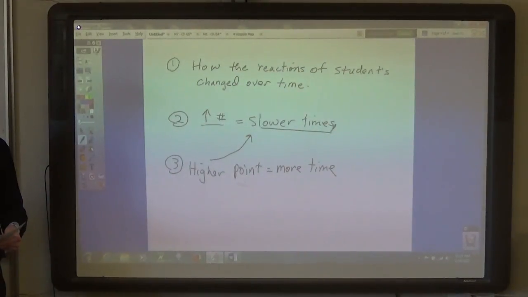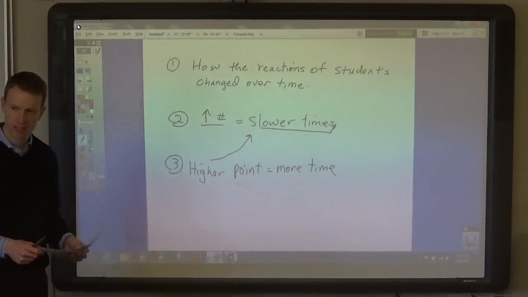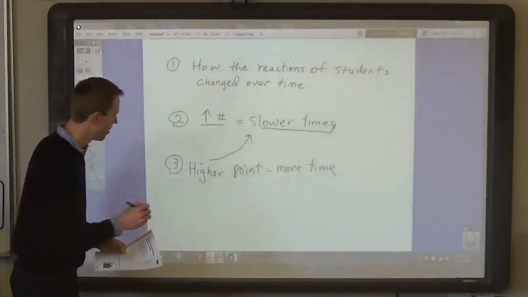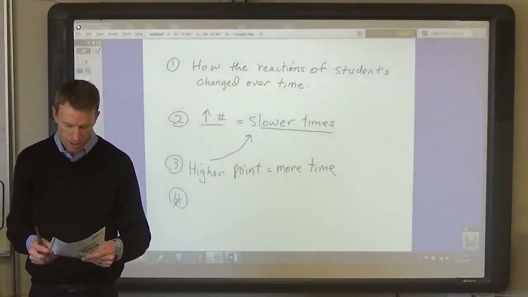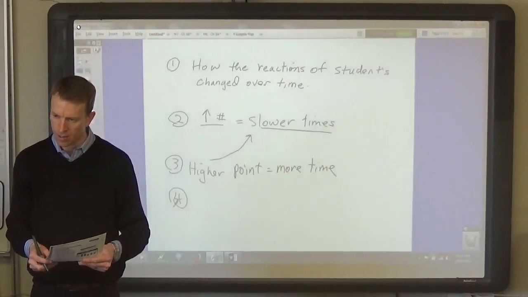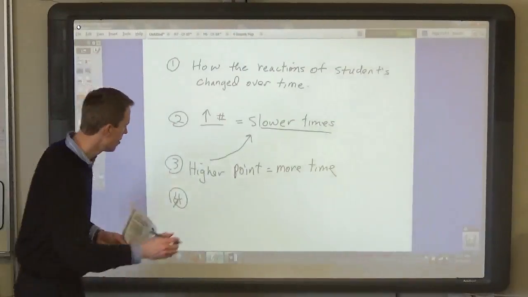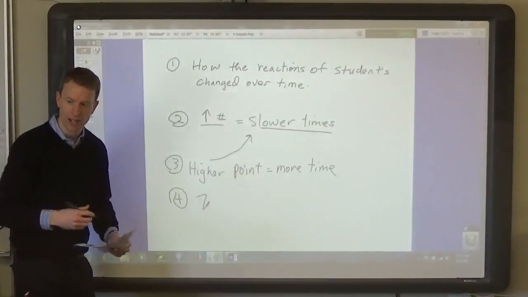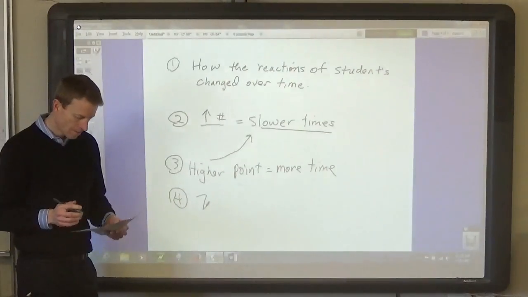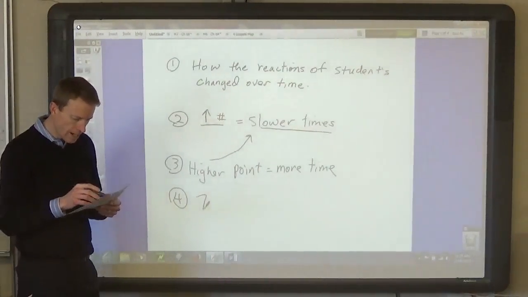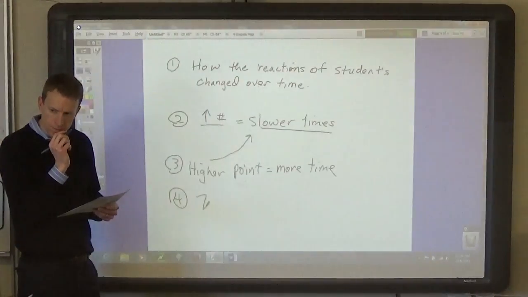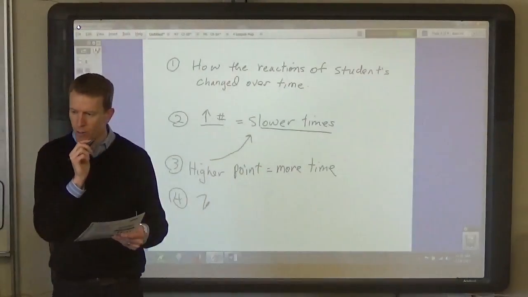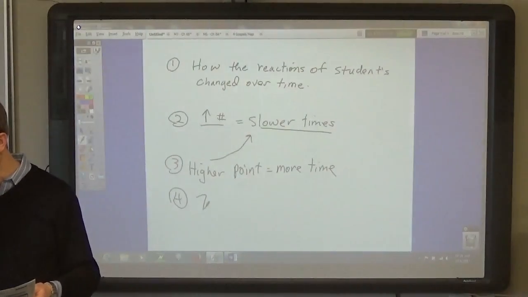Number 4, between what hours does the graph increase? We already talked about this. 7 a.m.? Find the point on the graph that shows 7 a.m. and point to it.